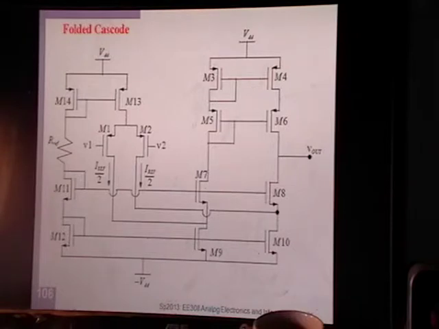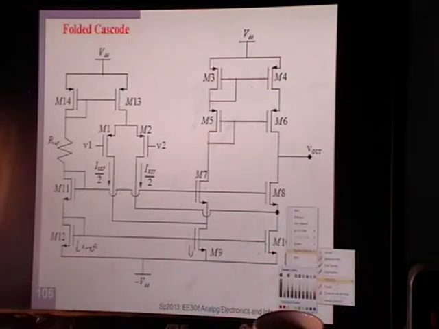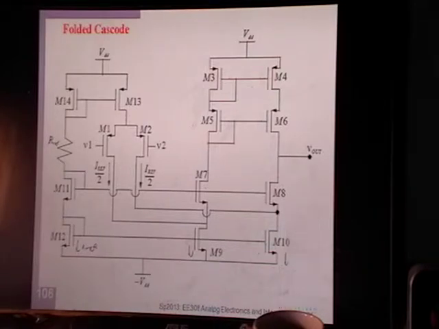So you're going to get IREF, and this is also going to be IREF. And this will also be IREF. Let's do red again. Okay. So this is going to be IREF.